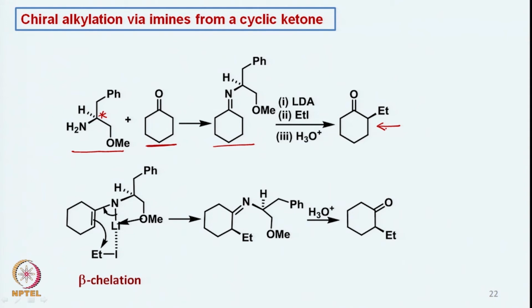So, what happens here is that the geometry of the final molecule is dependent on the intermediates that are formed. When the anion is formed from here, this anion can be resonance stabilized, and therefore this kind of enamine is formed, and this enamine is such that the chosen part of the amine allows the O-chelation with the lithium.